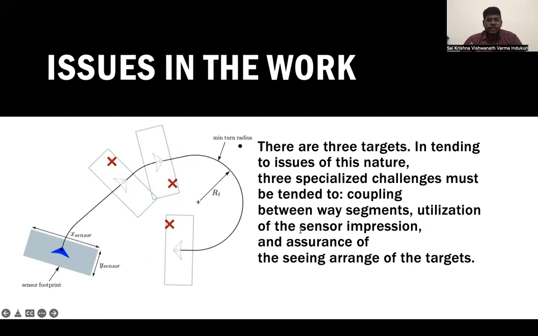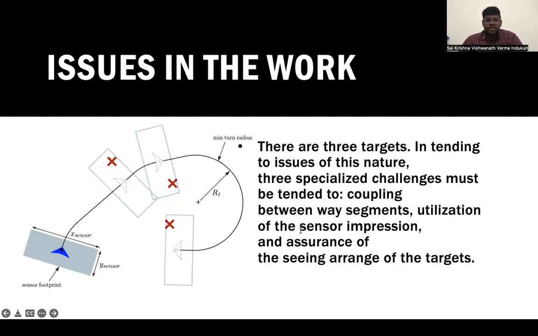So the problem of this work is to create a path planning strategy for sensing a group of closely spaced targets that fully utilizes the planning flexibility given by the sensor footprint, while working within the dynamic limitations of the aircraft. So the path planning objective is to minimize the path length required to see all the targets.